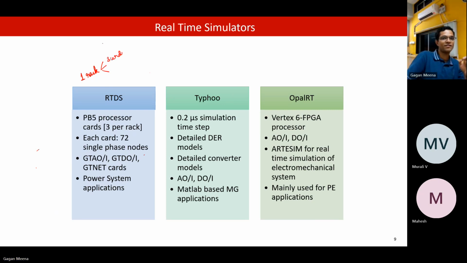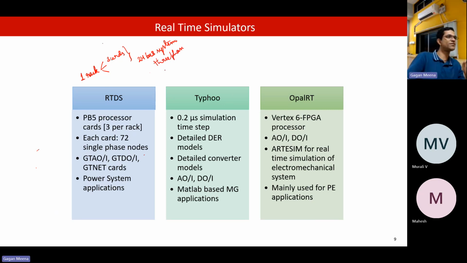They can model a 24 bus system. One rack can model a 24 bus three-phase system.